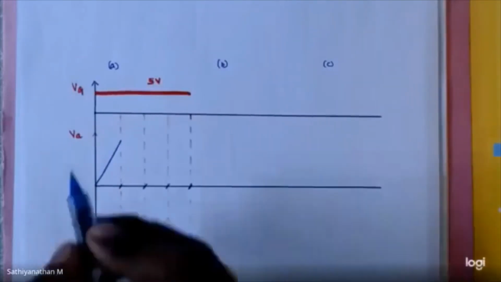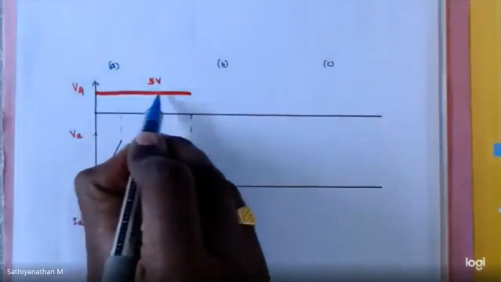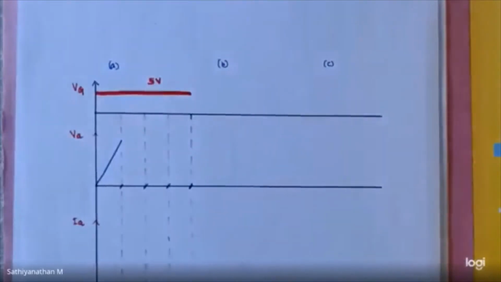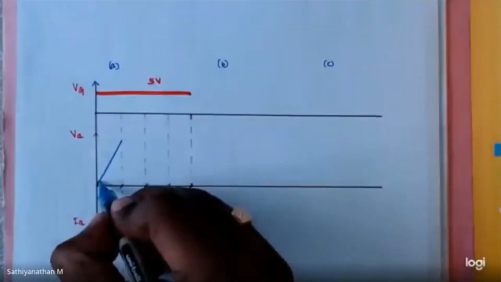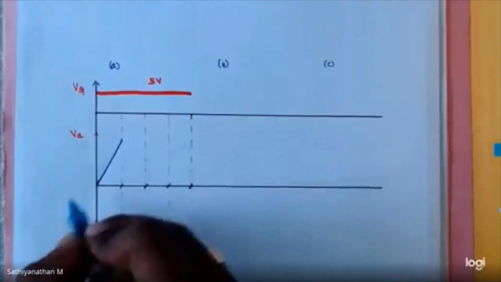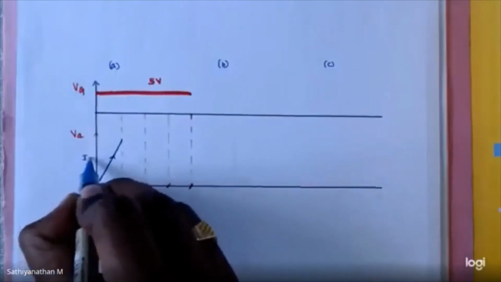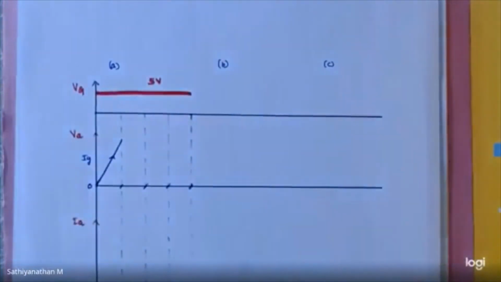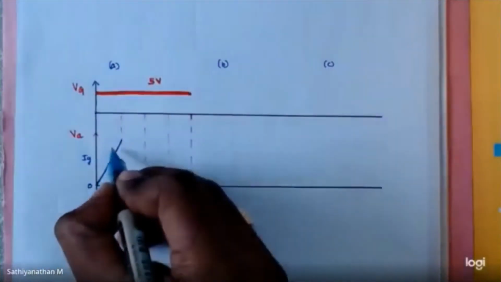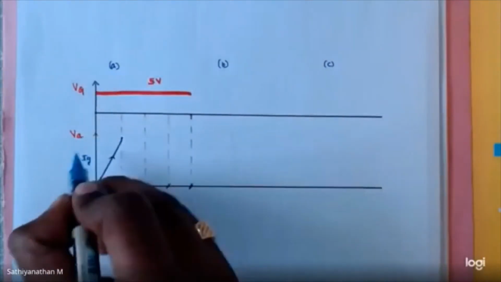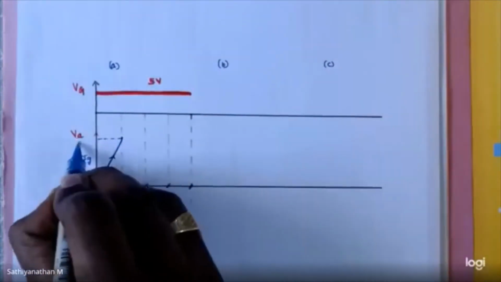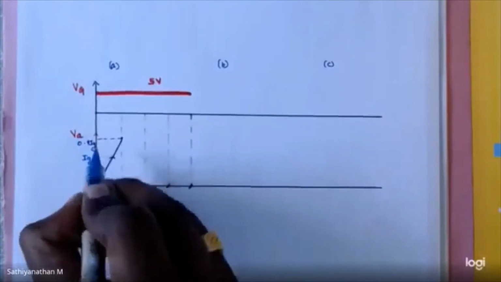When you apply a gate voltage, your gate current will increase from 0 to the maximum level. This is the 0 and this is your gate current Ig, and this gate current gradually increases until it reaches 0.9, that is 90% of your gate current.